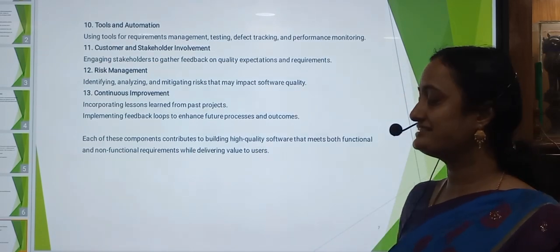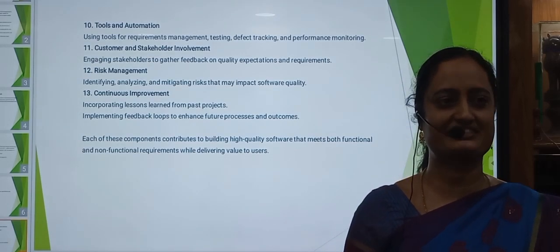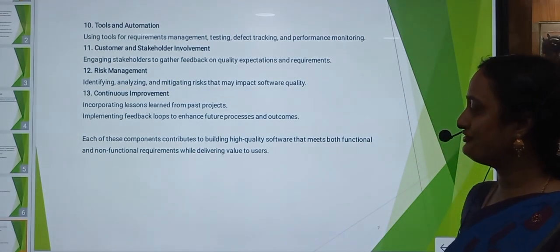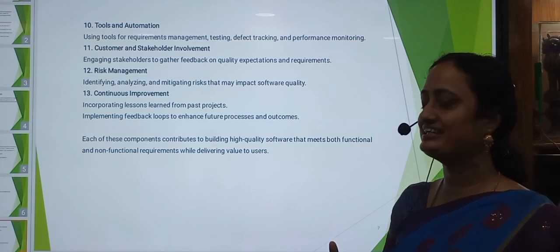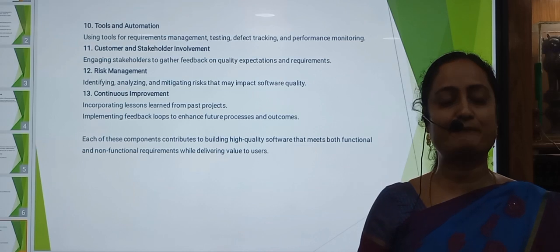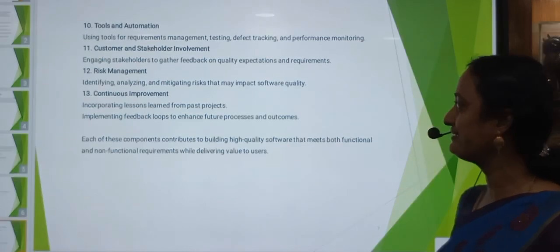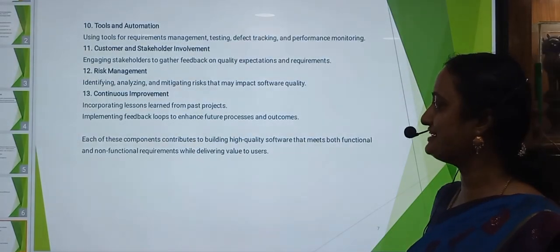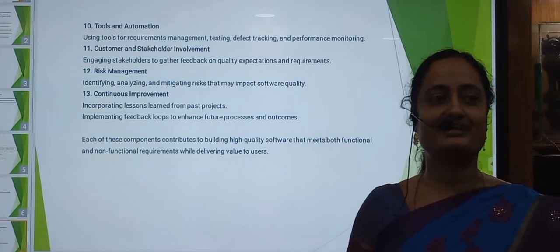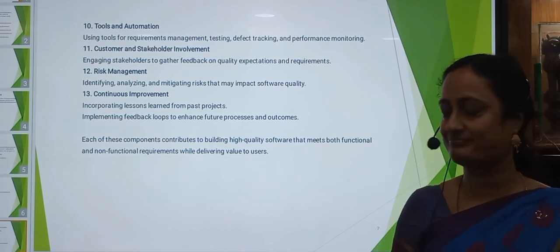Next component is risk management, identifying, analyzing and mitigating risks that may impact software quality, and continuous improvement, incorporating lessons from past projects. Implementing feedback enhances future processes and outcomes. So each of these components contributes to building high quality software that meets both functional as well as non-functional requirements.